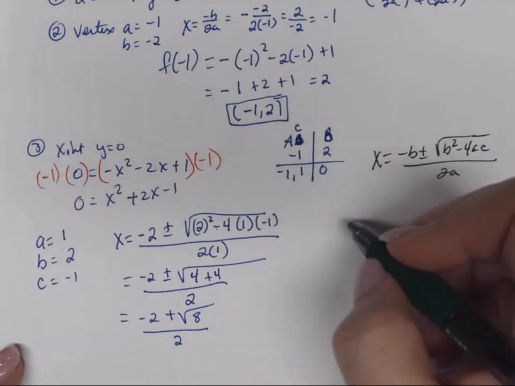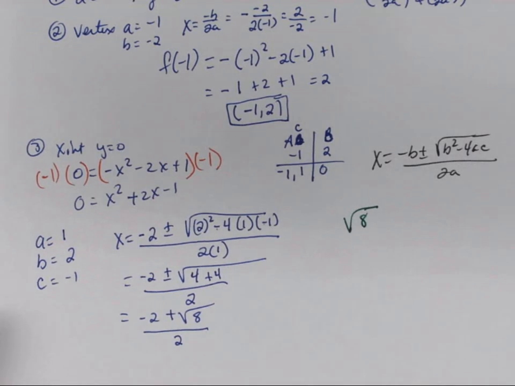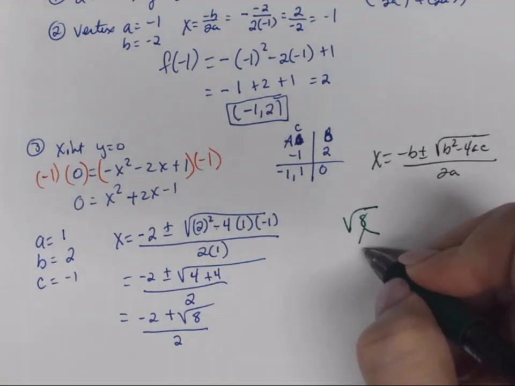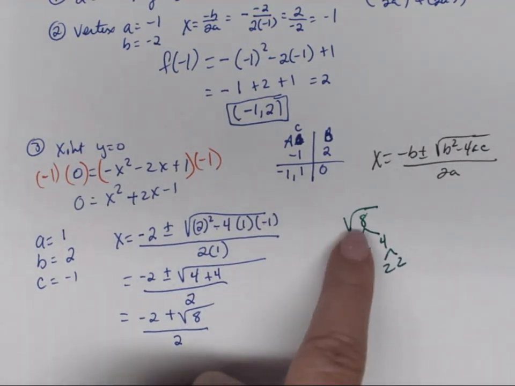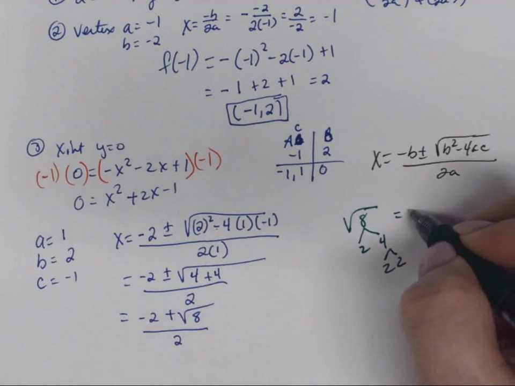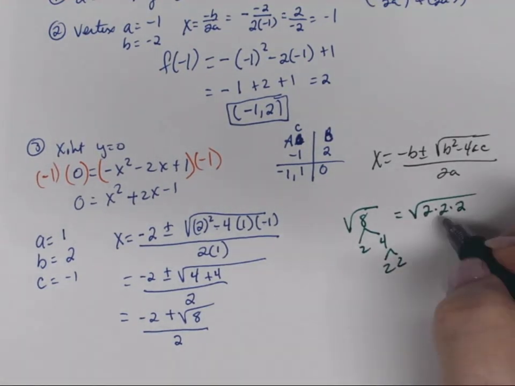So I'm going to come over here and take the square root of 8, and we're going to break it down into a factor tree. So 2 times 4 and 2 times 2. So with that, I've got the square root of 2 times 2 times 2. It's a square root, so I'm looking for groups of 2 of the same number.